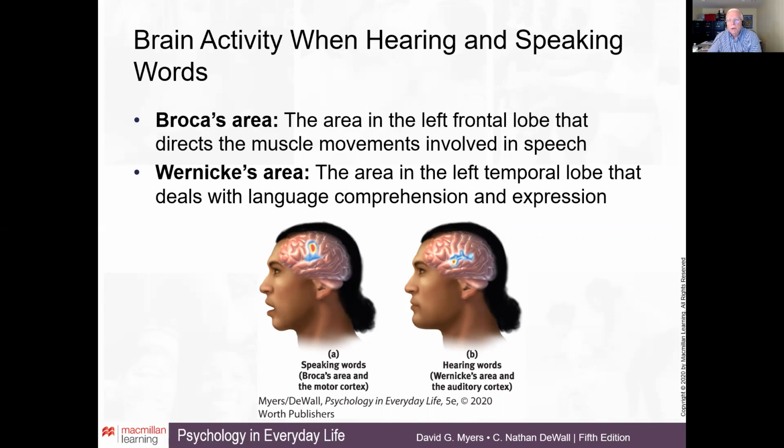If someone experiences, say, a stroke that damages one or both of these areas of the brain, they will experience aphasia that can affect their ability to express words and also to understand words, depending upon the extent and location of the damage.